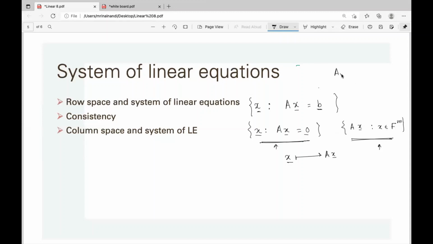A is n cross m, so it is m-dimensional. The number of variables is m. So this is the rank-nullity theorem: the dimension of the solution space plus the dimension of the column space is equal to m, the number of variables, the dimension of x.